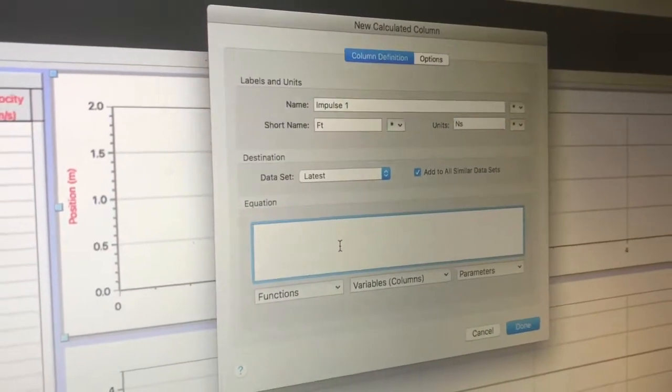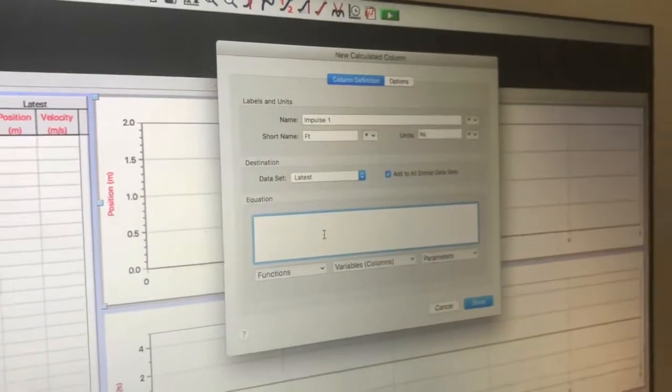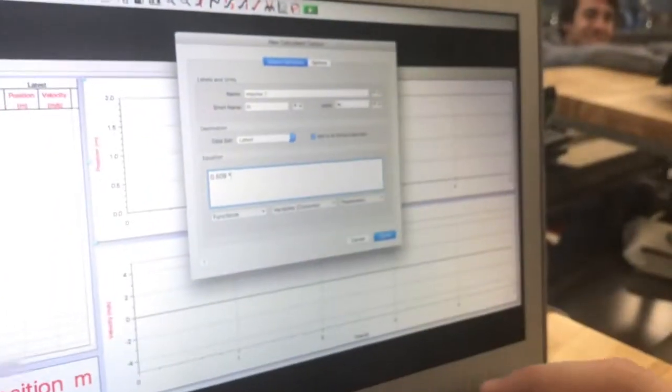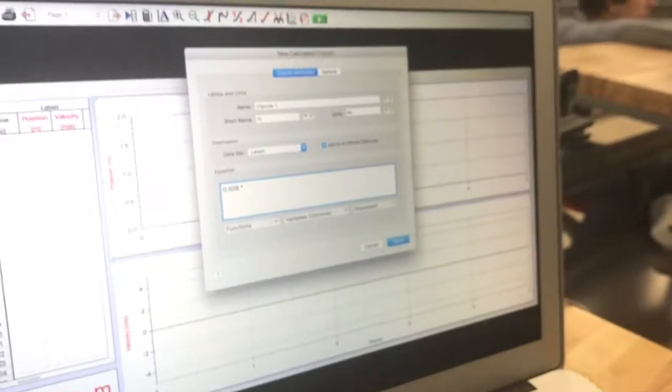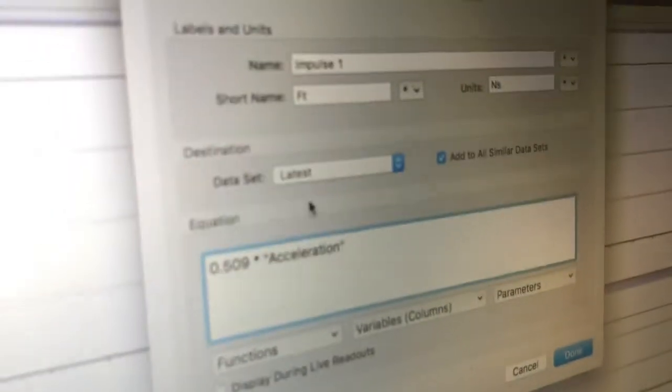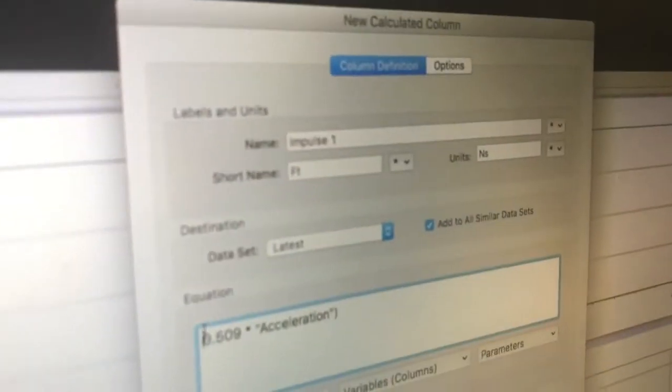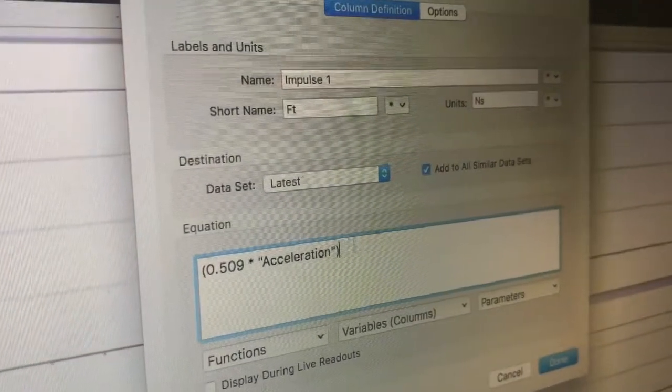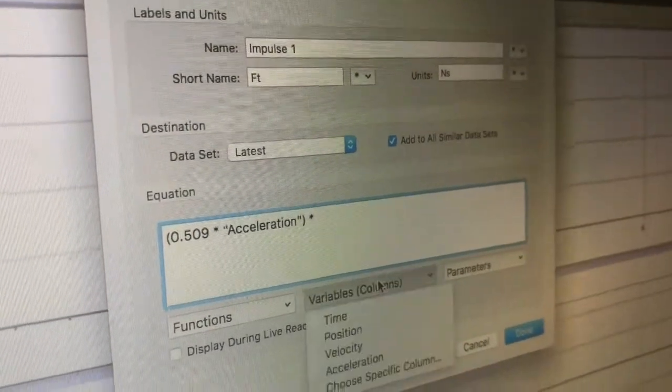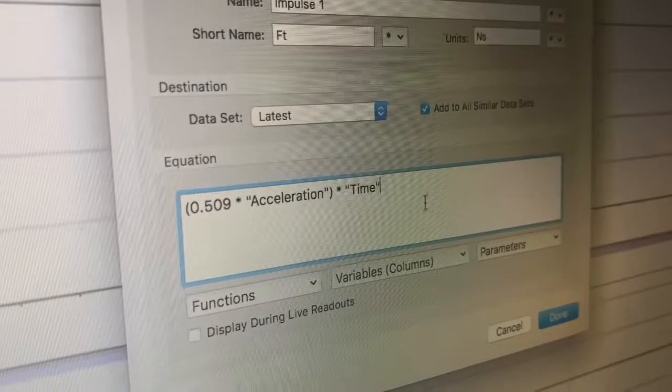And then the equation is gonna be, since we already measured the mass, we know it's 0.509 kilograms. And then we're gonna multiply that by the acceleration, which we just put in variables, acceleration. And we put that in parentheses since that is going to be equal to the force. And then we multiply that times the time. And that's our first calculated column.